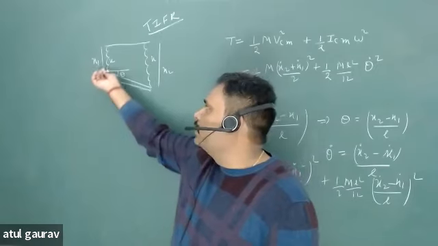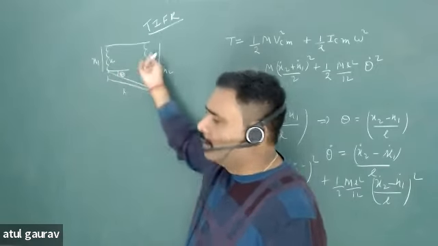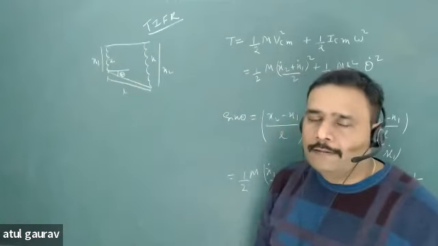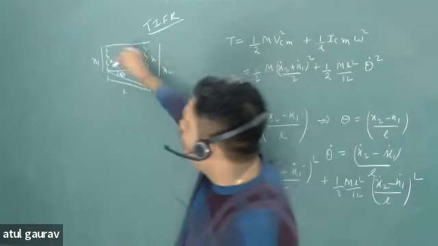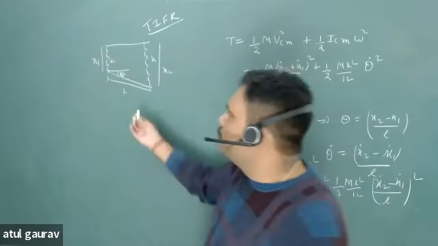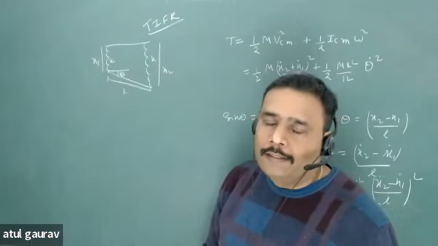And this is also moving up and down. This is also moving up and down. So it is not a case of pure rotation. So you cannot take moment of inertia about this point. No, you cannot assume that this is pure rotation about this particular point. Are you getting my point?